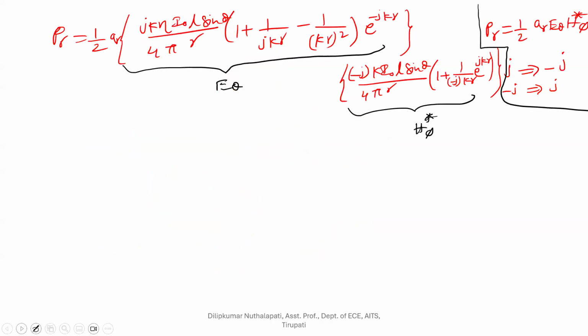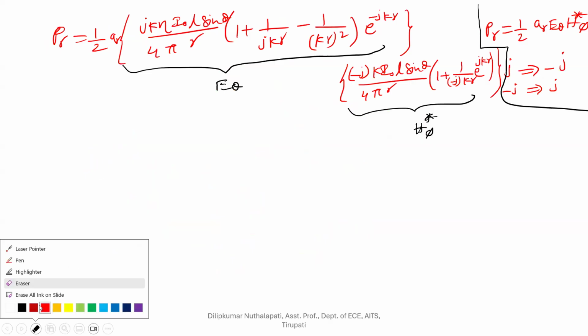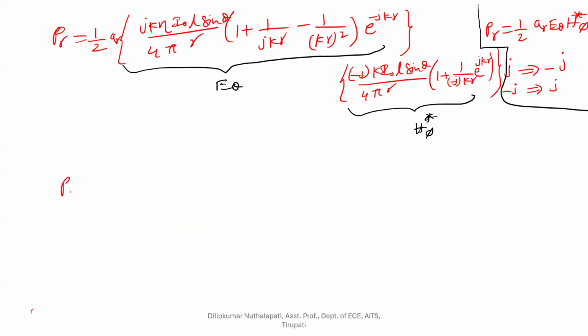If we simplify this equation, taking the common terms from both ER, E theta and H phi, we can get PR is equal to neta k square I naught square L square sine theta sine square theta divided by 32 pi square r square.